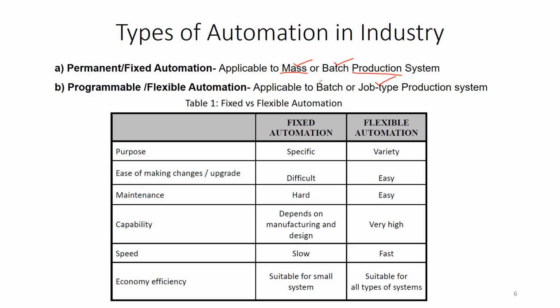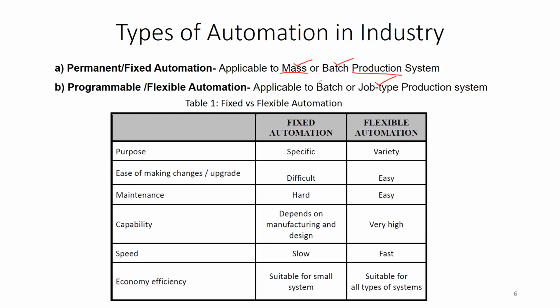It is a nut and a bolt. So it is producing the same product throughout the year. That is the type of a mass production system. So a mass production system is the one which is producing a single type of product throughout its whole duration of manufacturing time.